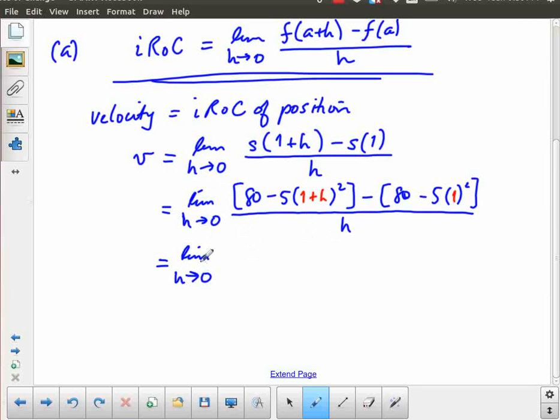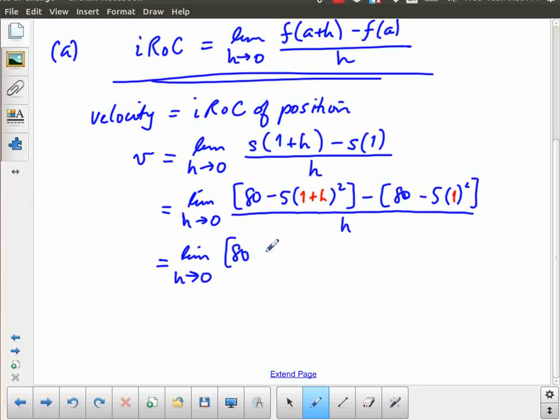If it really bothers you, you can take some of your algebra and do that to the side in rough work, and then bring in the result of your rough work with the limit, and then evaluate the limit. Now in this case, I'm going to evaluate as part of the overall statement.